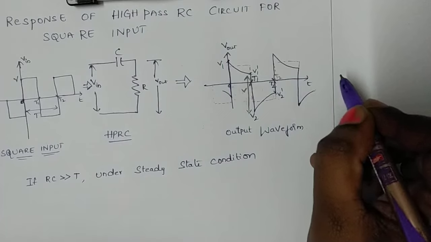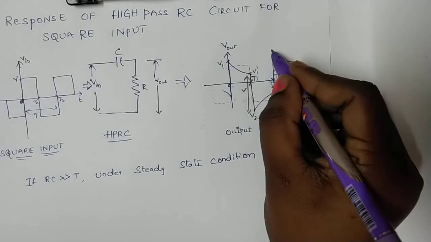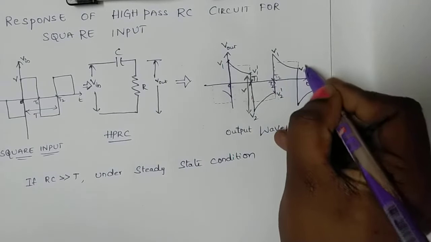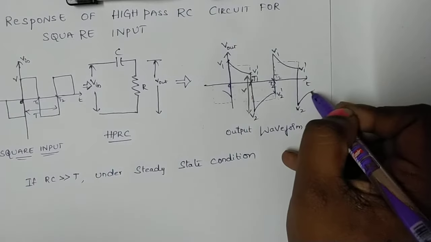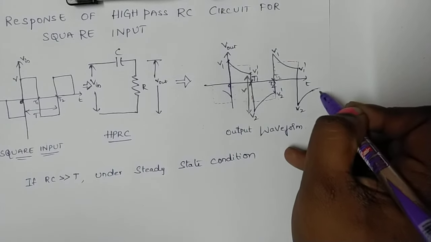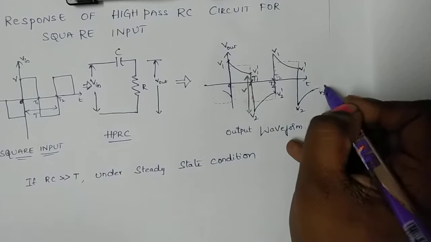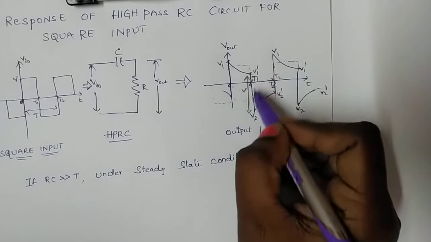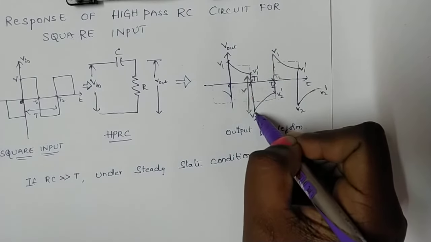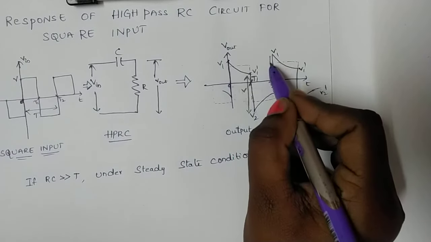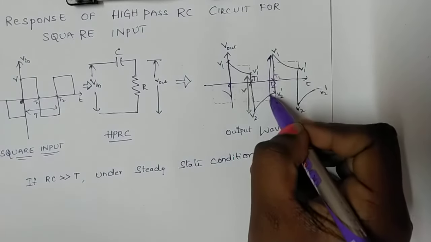This is the continuous, repeated cycle, the square wave. So this is V1, again this is V1 dash, this is V2, and this will be V2 dash.